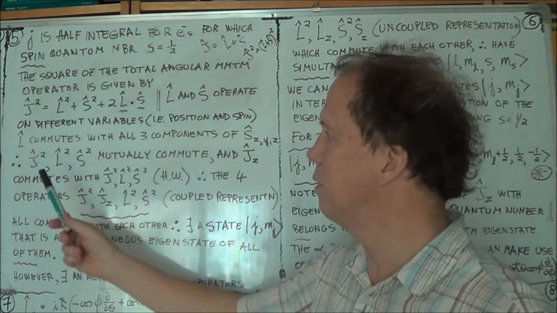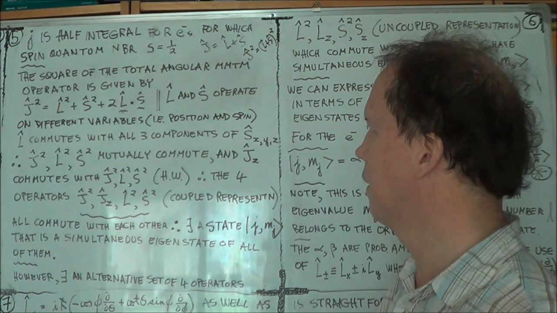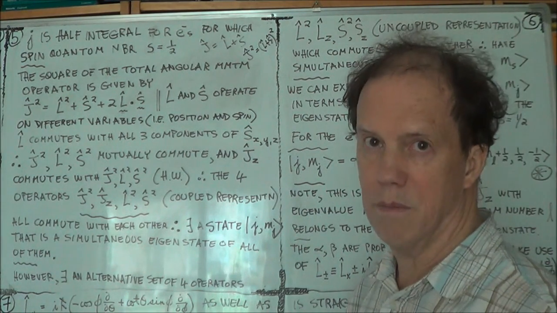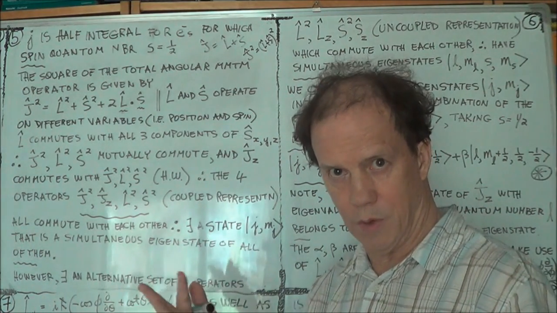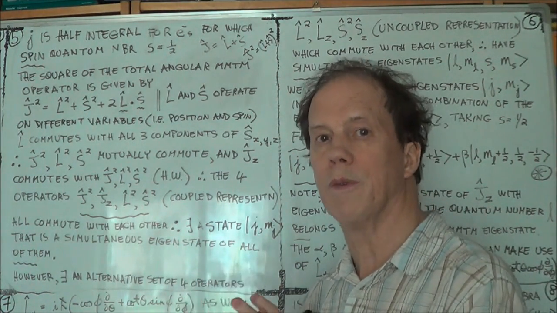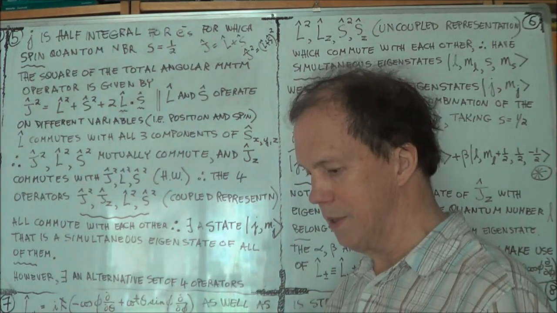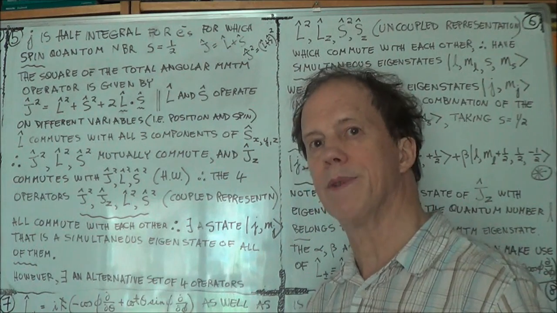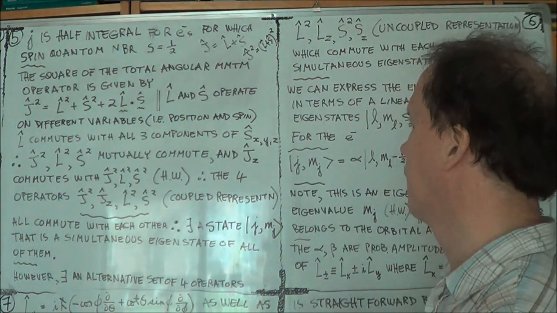So in other words, you now have four operators that mutually commute. You take any two of those four operators, they will all commute. And if they mutually commute, that means all four of them have the same set of eigenfunctions. We've done that sort of thing.